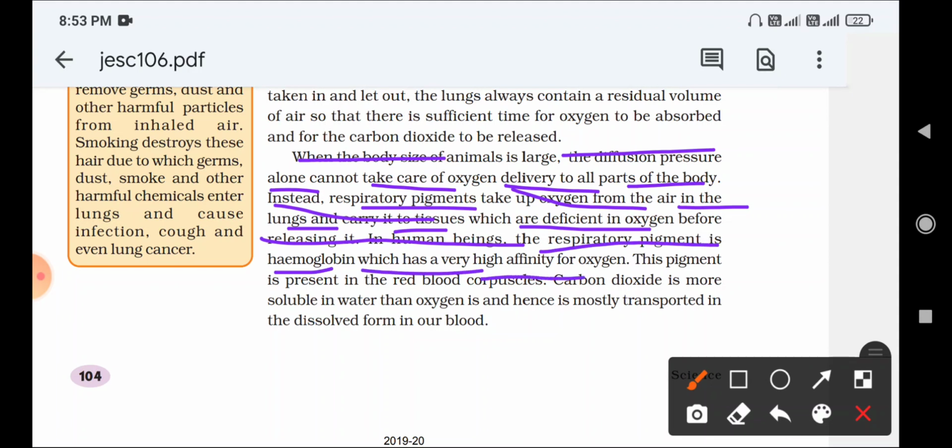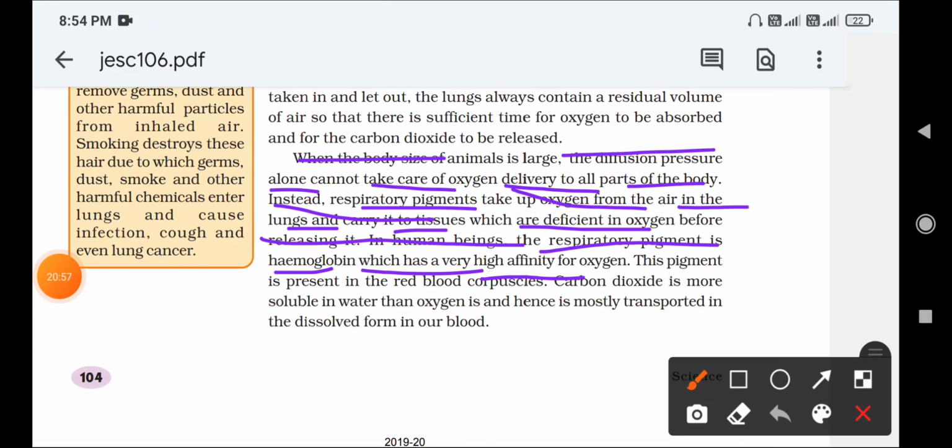Multicellular organisms do not use diffusion for transportation of oxygen; they use the respiratory pigment. Affinity means attraction, so hemoglobin has a strong attraction towards oxygen.